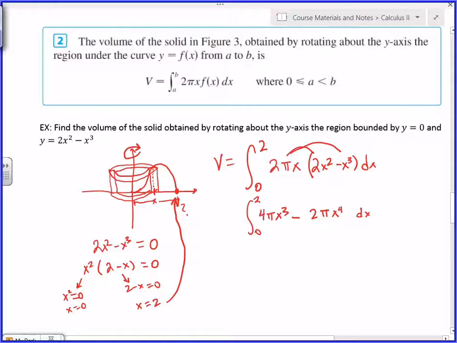4 pi x cubed minus 2 pi x to the 4th. Because you raise that power by 1 and divide by it. The 4's cancel. So we get pi x to the 4th minus 2 pi x to the 5th over 5, from 0 to 2.